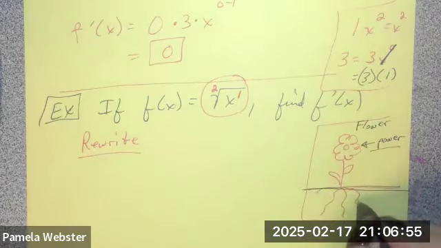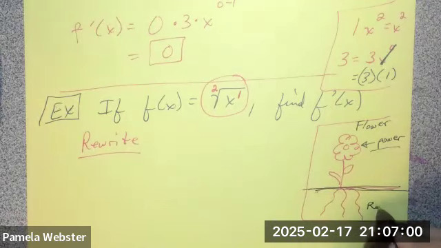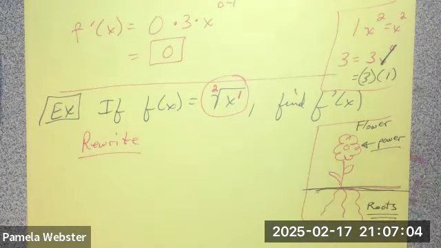But what's down here on the bottom is the roots, right? And that's what brings the water up and the nutrients up and allows the flower to be so pretty. The roots aren't so pretty, okay? They're not where the power is, but they are definitely a very, very important part, right?